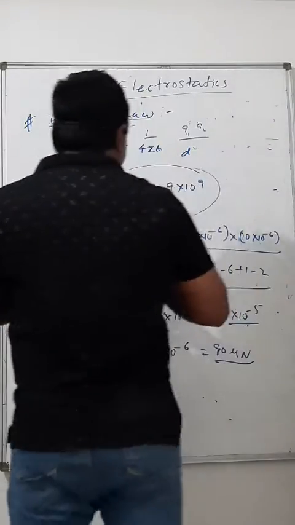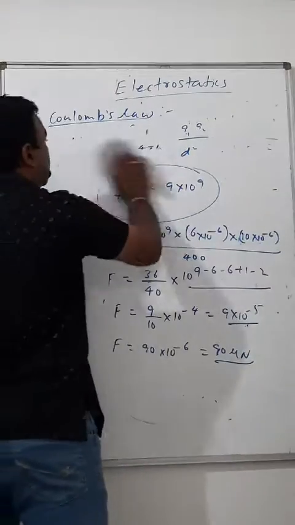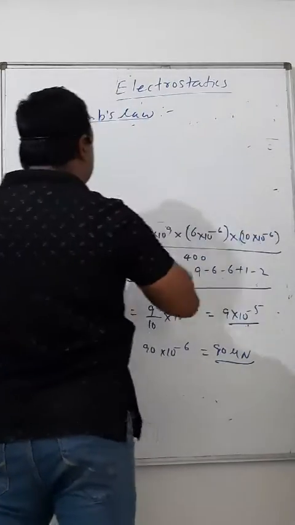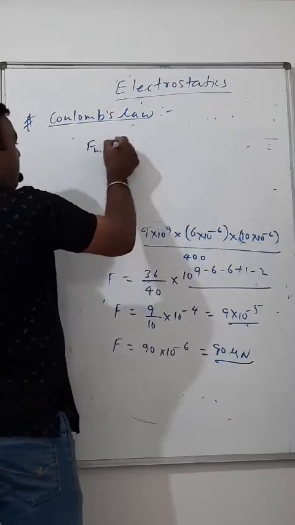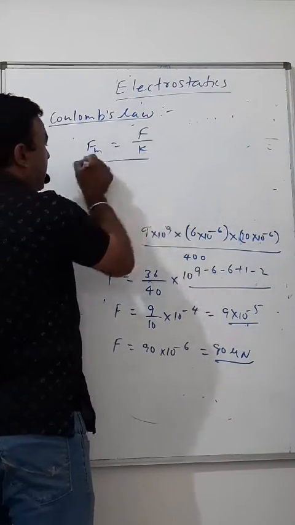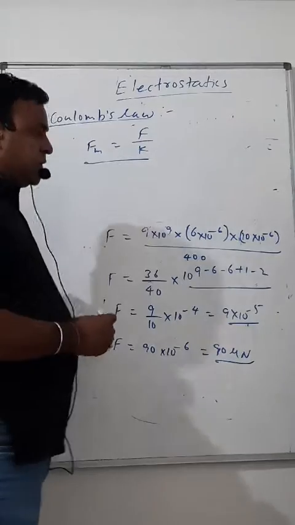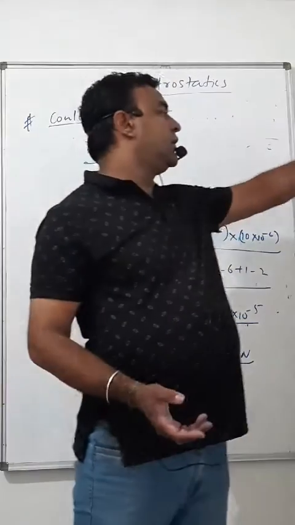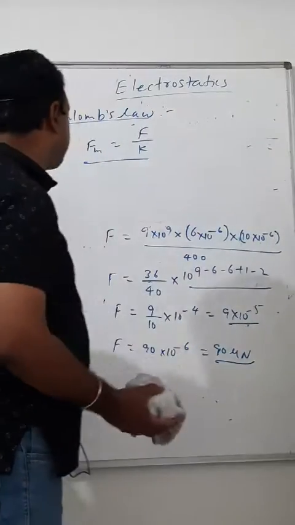The force in the medium becomes F by K. Now divide 90 by the value of K, and you will get the answer.